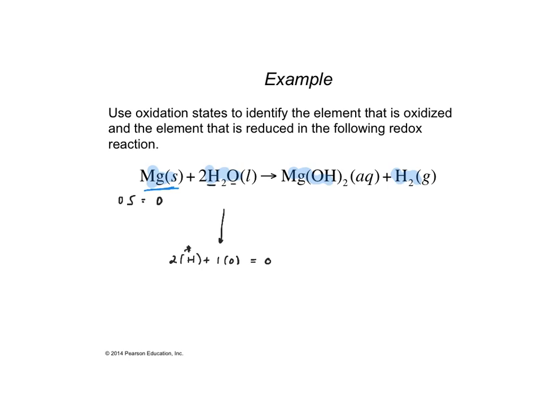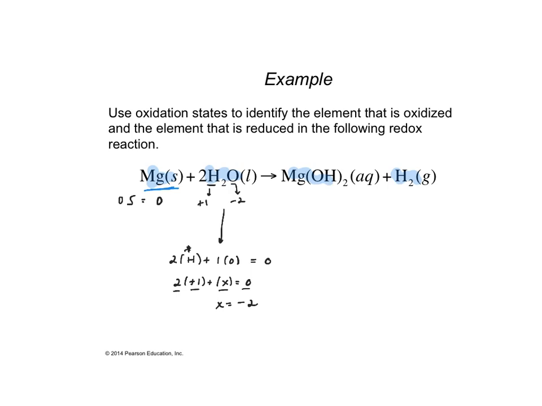It is higher on that list that I gave you, and it has an oxidation state of +1. So the oxidation state of oxygen is essentially determined by that. We've got 2 times +1 plus the oxidation state of oxygen equals 0, so the oxidation state of oxygen here has to be -2. So for hydrogen a +1 and for oxygen a -2.